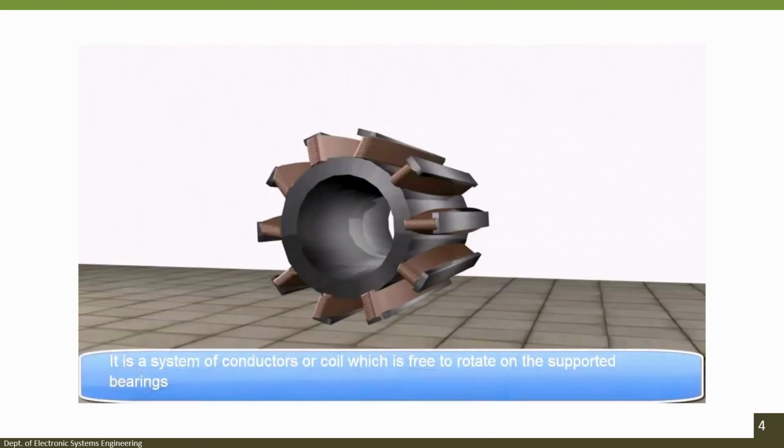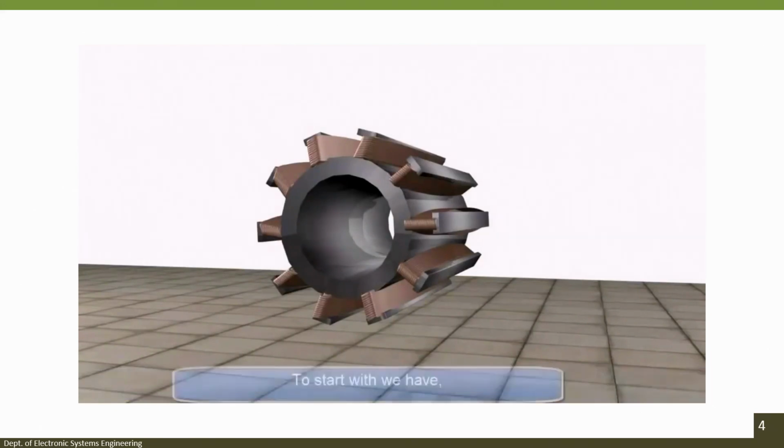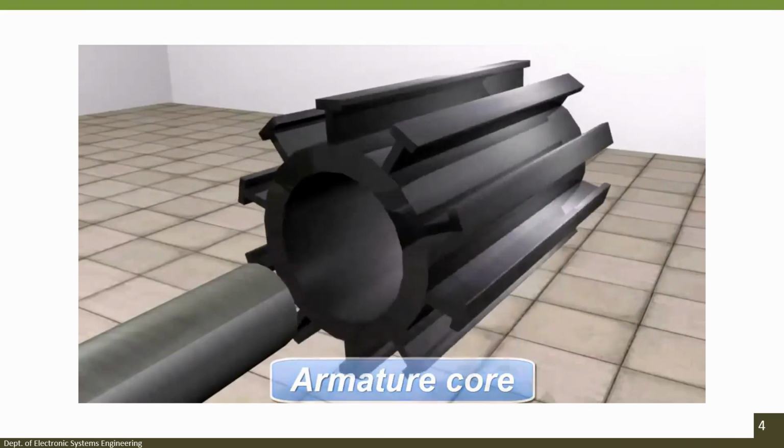Armature. It is a system of conductors or coils which is free to rotate on the supported bearings. The armature consists of various parts. We will take each part one by one. To start with, we have the armature core.